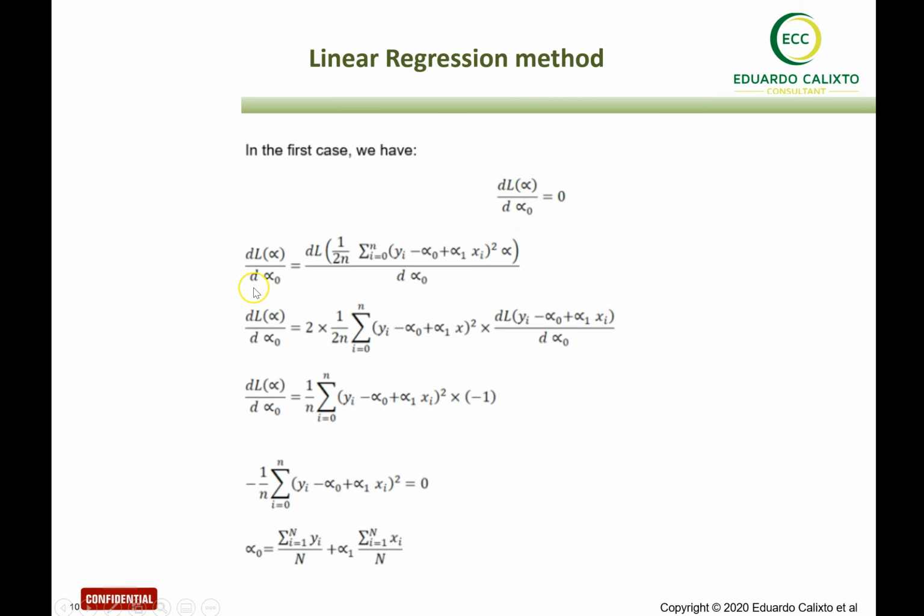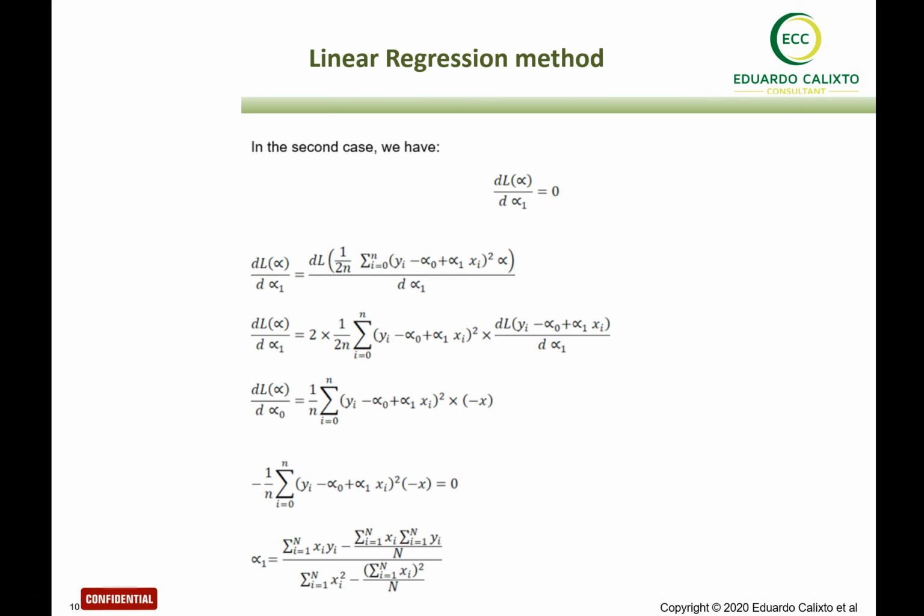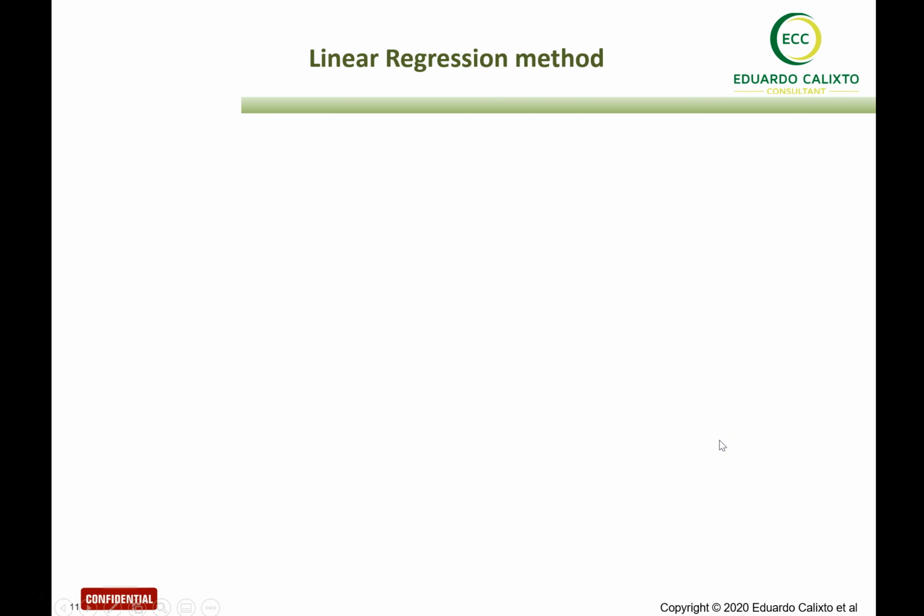By applying the partial derivative, we get this equation for alpha 0, and when we apply the partial derivative concerning alpha 1, we get this equation for alpha 1. Therefore, if we have a set of data, we can apply this calculation to define these two, alpha 0 and alpha 1, and then we can define the equation.